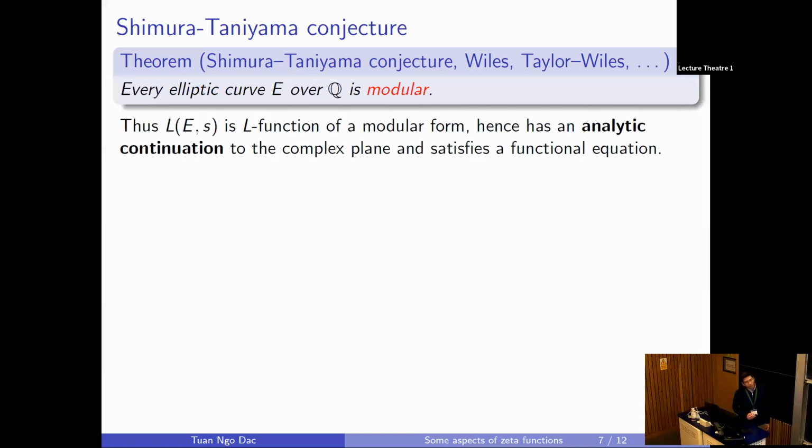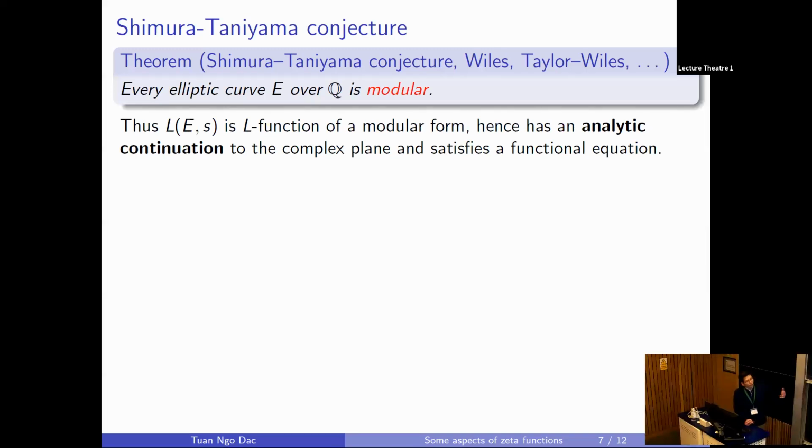One of the consequences of this is that this L-function is the L-function of a modular form. So it has an analytic continuation to the complex plane and satisfies a functional equation.